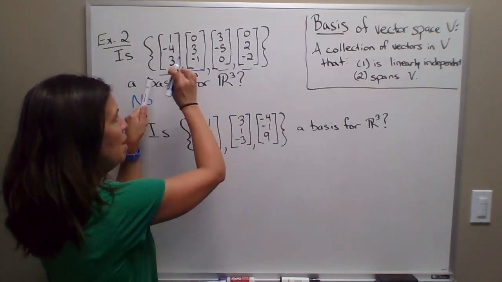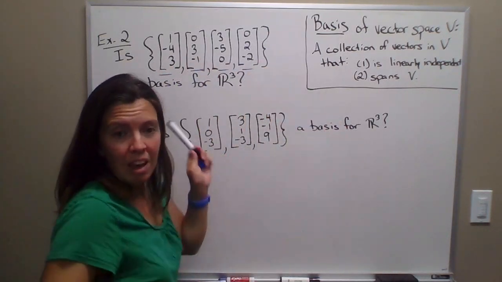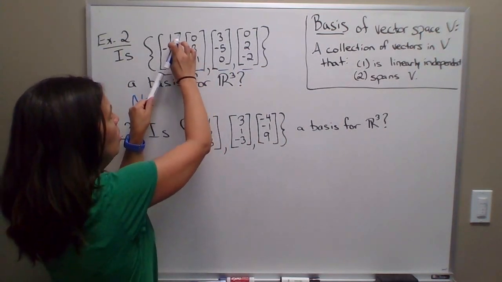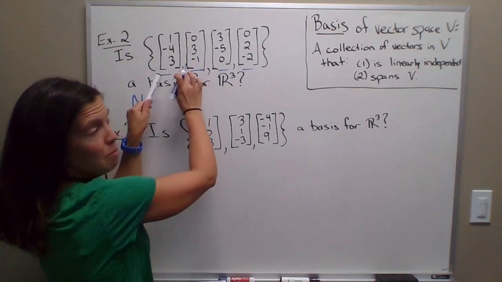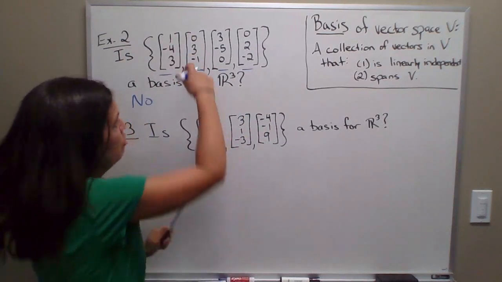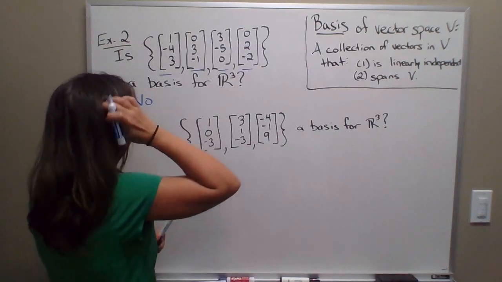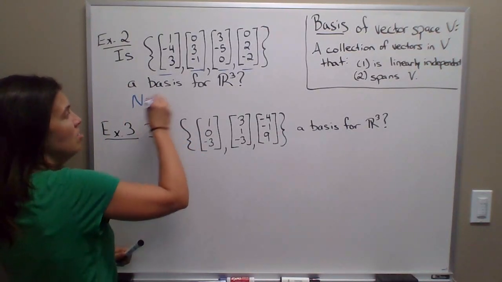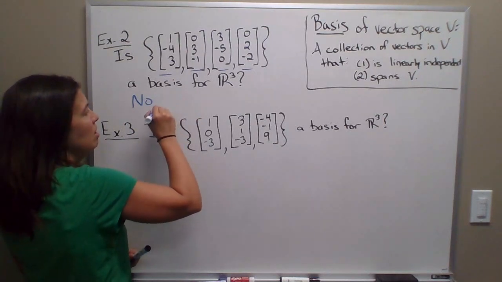If you get a pivot in every column, that would tell you that it's a linearly independent set. Well, if there are 3 rows to that matrix and 4 columns, there's no way you're going to run out of rows before you can get a pivot in every column. So we can say no, this is not a basis because it's not linearly independent.